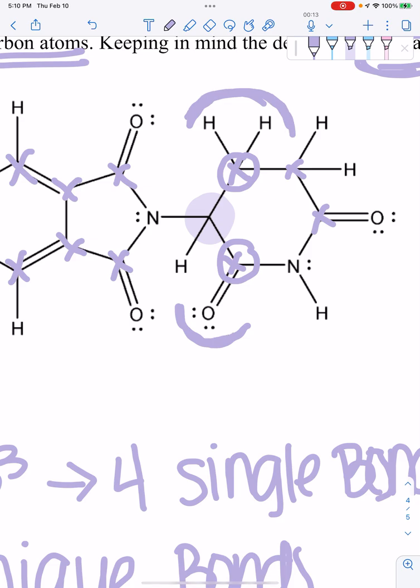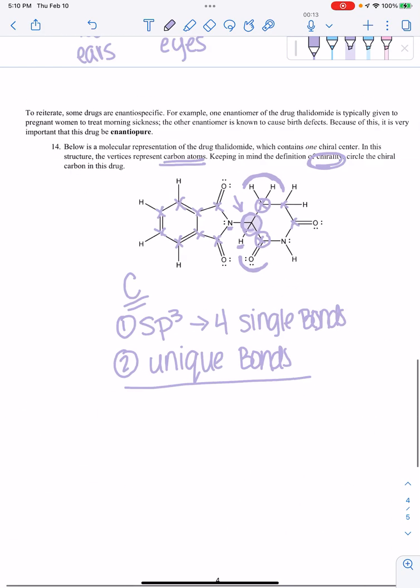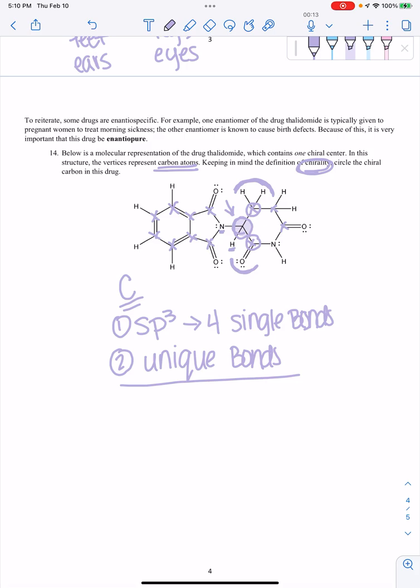This one on the top is bonded to 2 hydrogens, but this one on the bottom is double bonded to an oxygen, which is really, really different than these hydrogen carbon bonds here. And so the other 2 bonds that this carbon atom has is a hydrogen and a nitrogen. And so this fits with our rules for chirality. And so that makes just this one carbon atom chiral in this particular molecule.